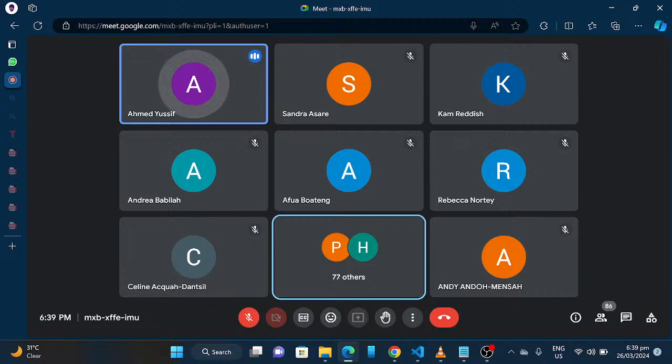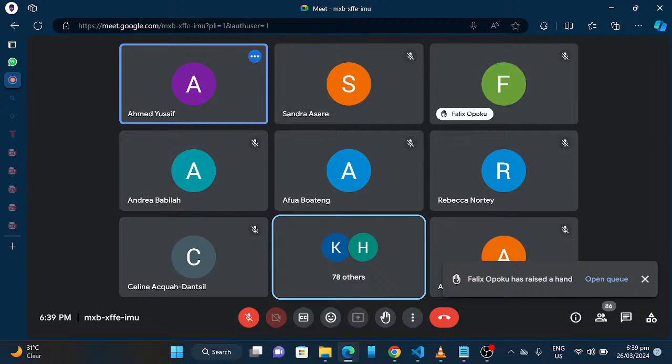In terms of the mechanism of action, how does it act? Who can tell us?